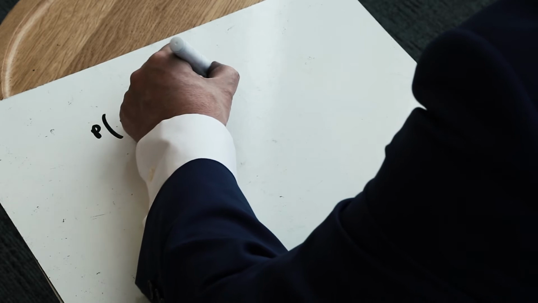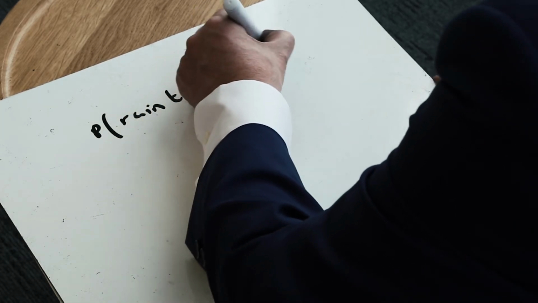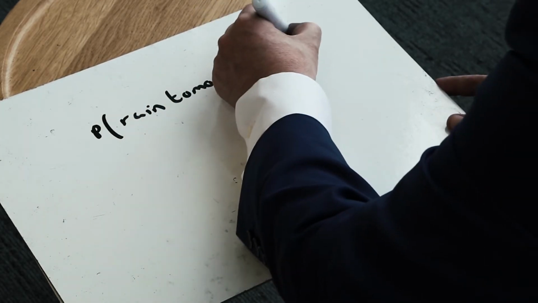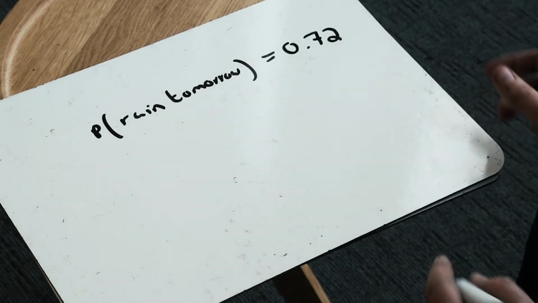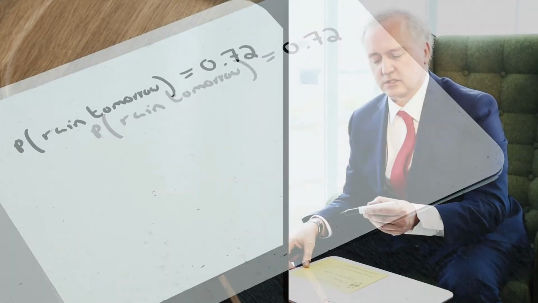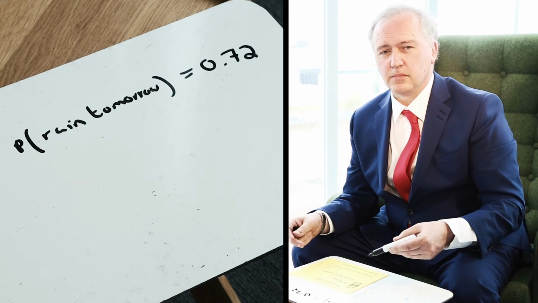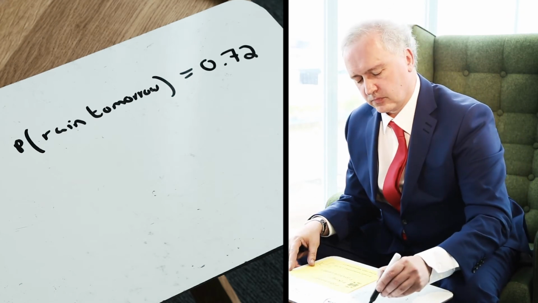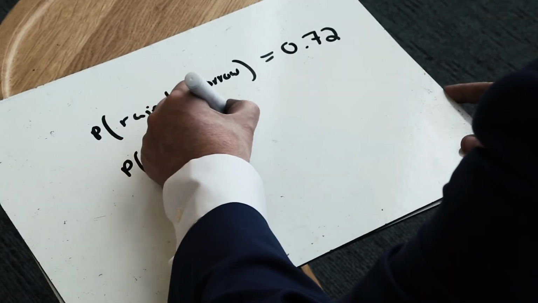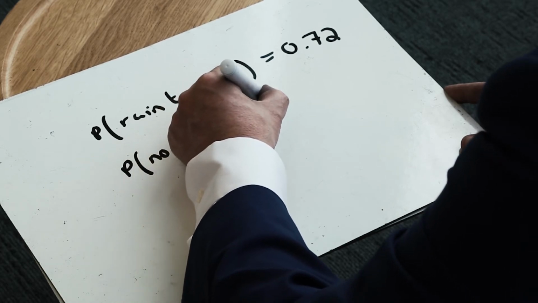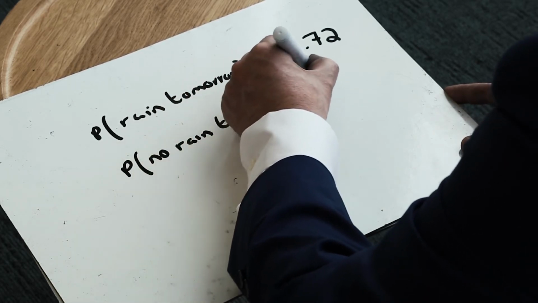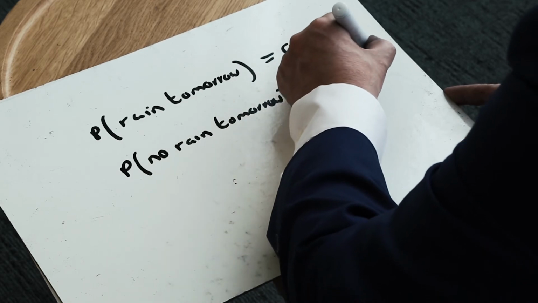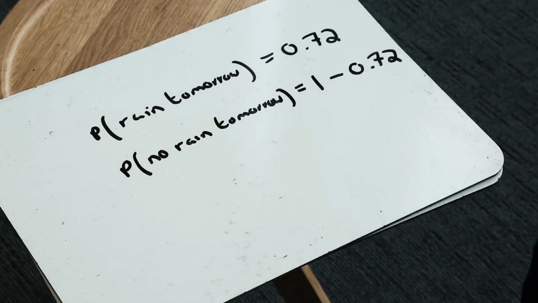If the chance it's going to rain tomorrow is 0.72, a 72% chance of rain, what I need to work out when I'm calculating no rain tomorrow is just to take that answer away from 1, because either it's going to rain or it's not going to rain. So I can say the chance of no rain is just 1 minus 0.72, and that produces my answer of 0.28.